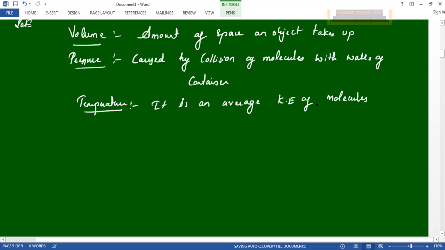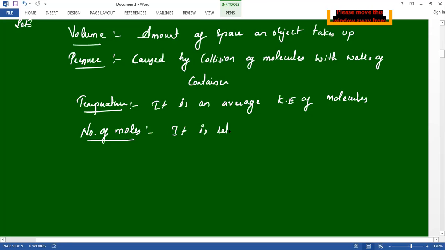Next one is number of moles. The number of moles means it is related to the number of particles.